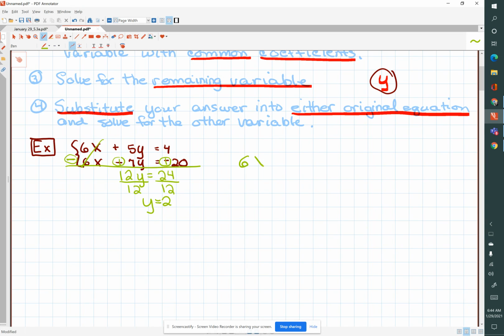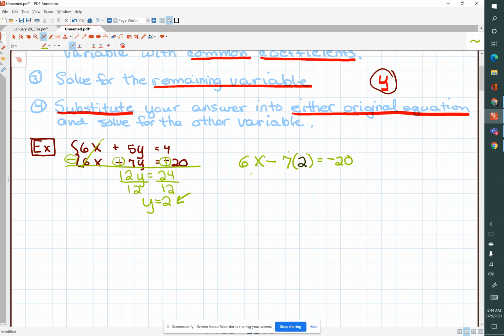6x minus 7, and now I have y equals 2. So I'm going to substitute, instead of y, I'll put 2, our substitution. And then the rest of the equation equals negative 20.